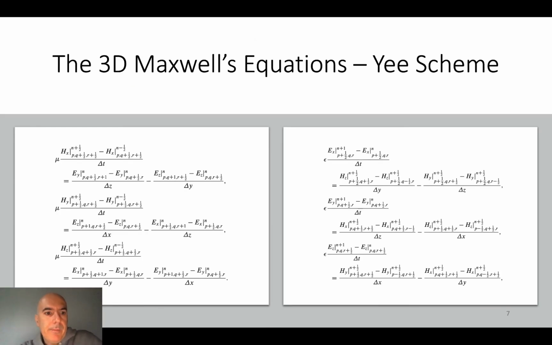So this is the E-scheme in 3 dimensions. It might look scary, but it is not. It's basically each of those first-order one-dimensional equations, discretized in time and in space, following the rule that we define the electric field components at integer grid points, and the magnetic field components at half integer grid points.